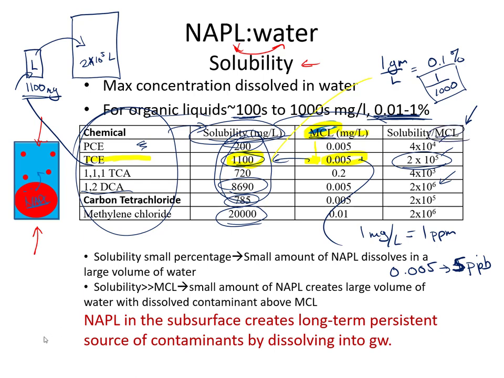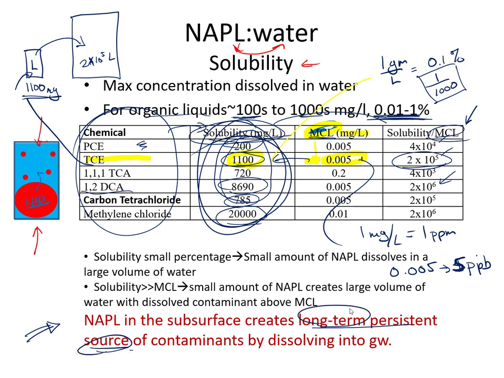So the bottom line with all of this is that because of this solubility effect, NAPL in the subsurface will create a long-term persistent source. It'll create a source because the solubility is low.